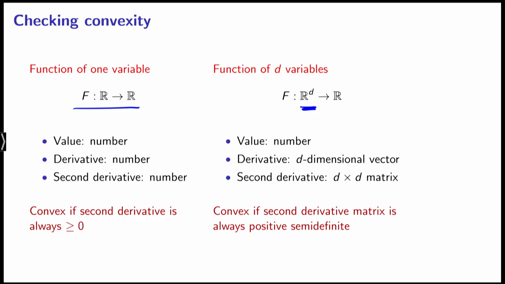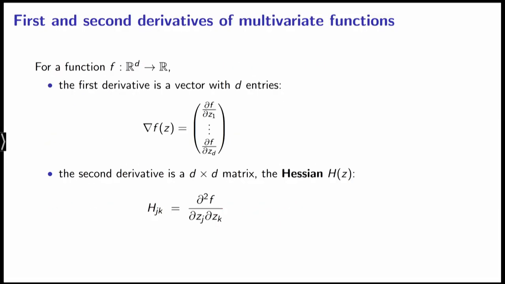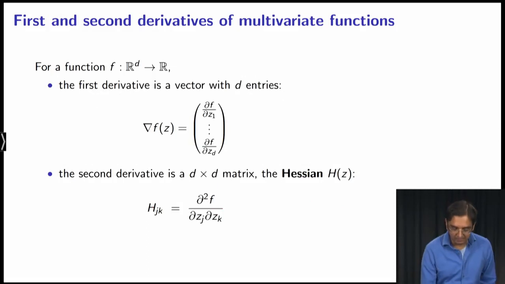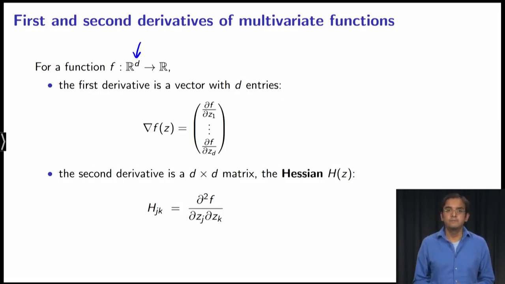So what does all of this mean? To start with, why is the second derivative a d by d square matrix? Let's take a look. We have some function on d variables, so it's a function that maps d-dimensional vectors to just some number. Now we've already talked about the first derivative.